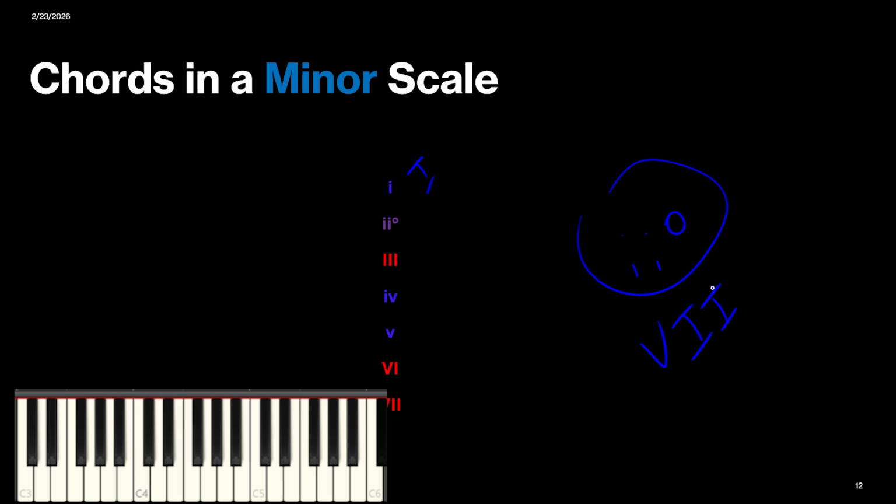So instead of the 7 being diminished, the 2 chord is diminished, and everything else switches from minor to major, right? So let's see. C minor. We have C minor, D diminished, E flat major, F minor, G minor, A flat major, B flat major, and then C minor. So I will not be going into chord functions in this video.